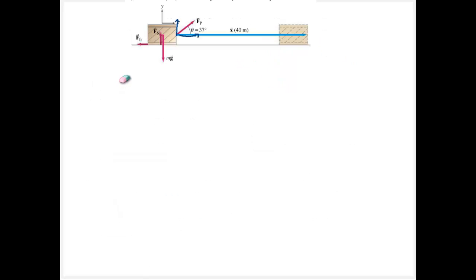Let's take a brief look at example 6.1 and first start by drawing all of the free body diagram. I'm going to have mass multiplied by gravity, and we're going to have the normal force in the upwards direction, and we're going to have the force of the person right there, and last but not least, we're going to have the force due to friction in the backwards direction.